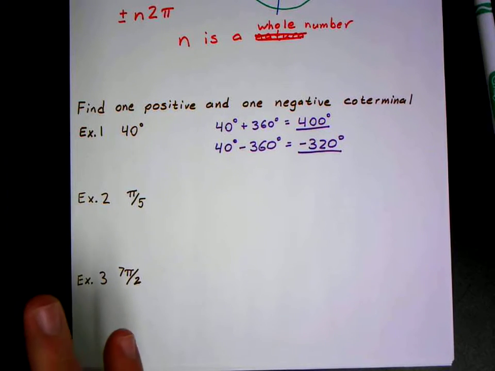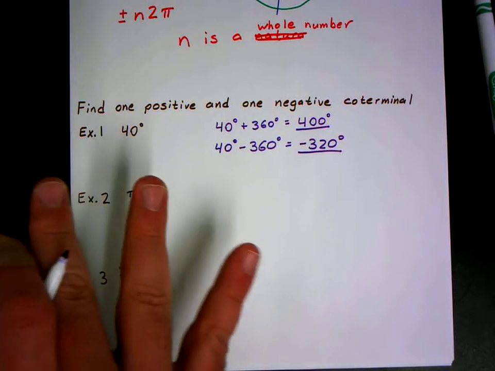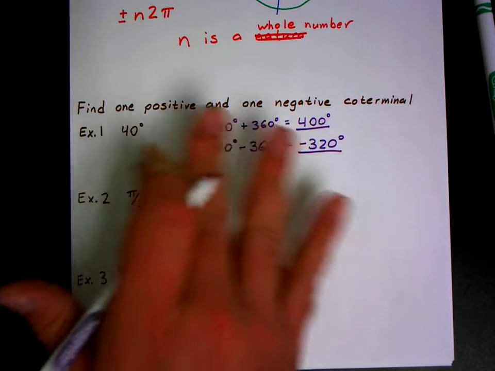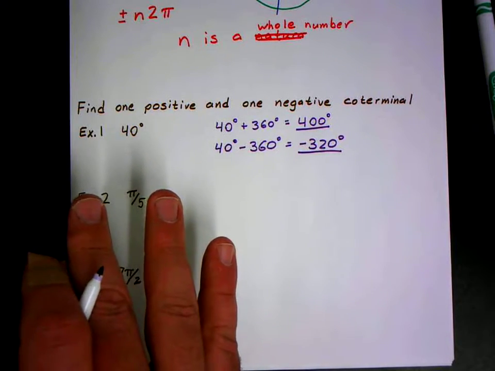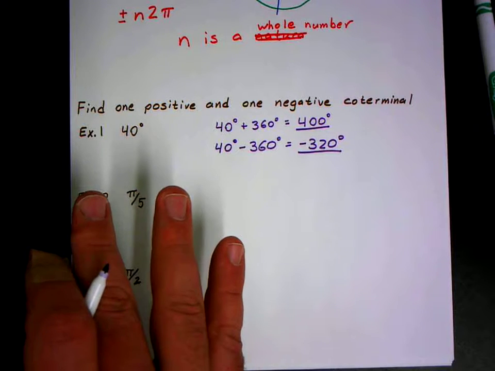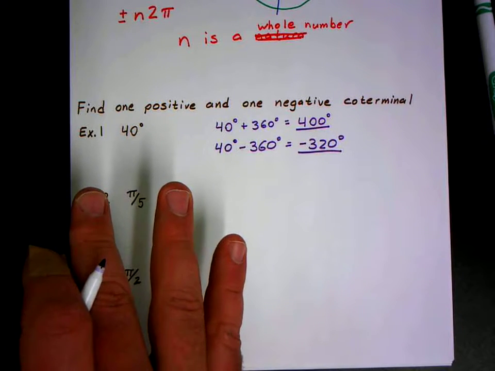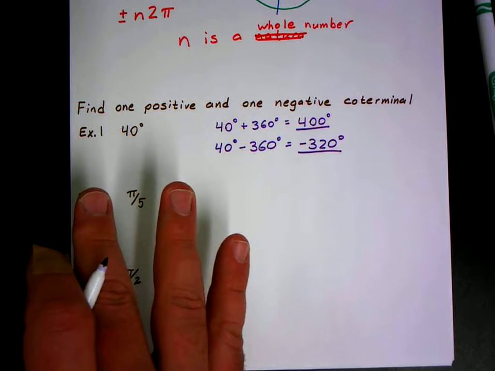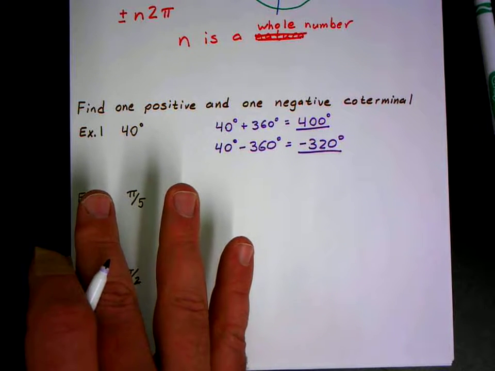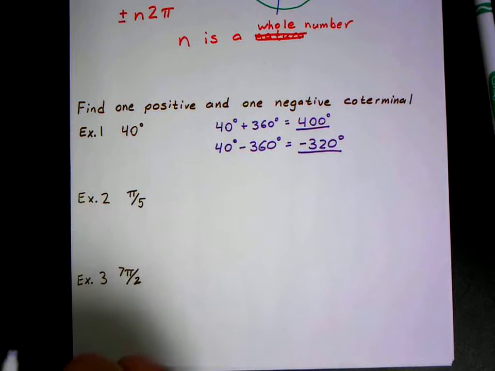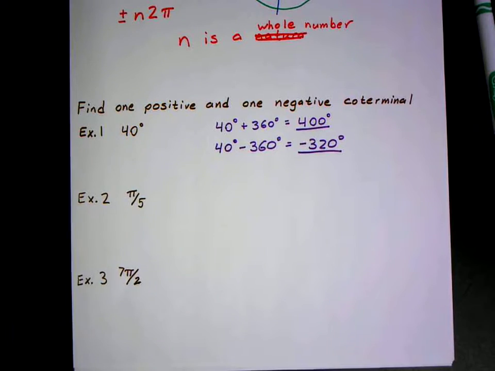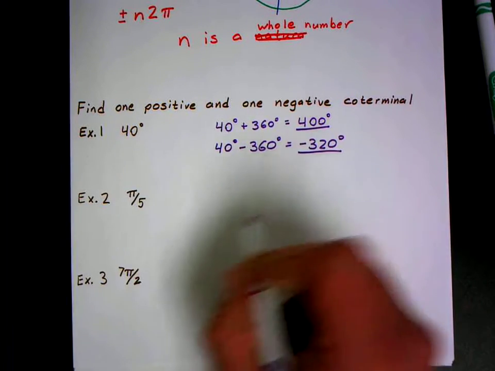Now, before we move on to radians, which is a new topic in itself, does this make sense, how we find coterminals? We just go around the circle again. If we want to find a negative one, we go around the circle backwards. All right, so let's do this for radians.